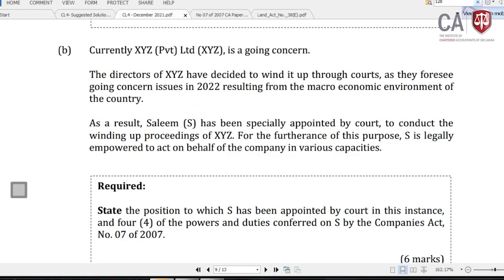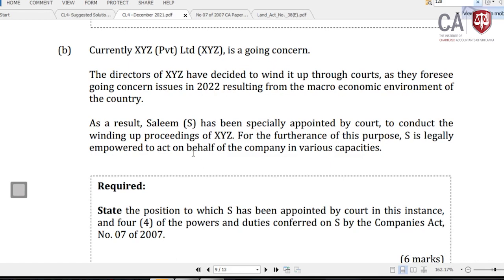Then, currently XYZ Private Limited is a going concern. The directors of XYZ have decided to wind it up through courts as they foresee going concern issues in 2020 resulting from the macroeconomic environment of the country.